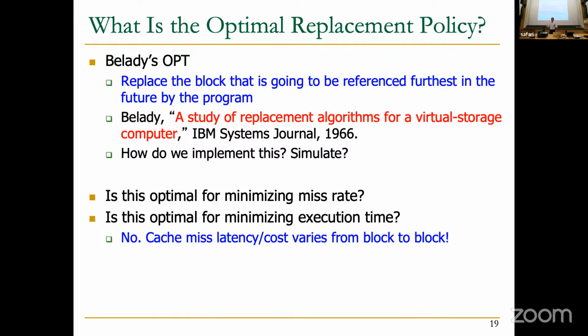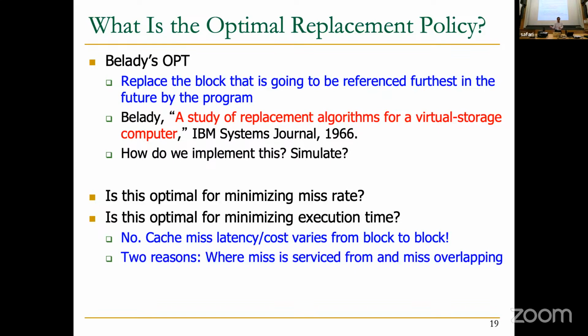If you need to wait for, let's say, seconds to fetch the block because it's coming from some remote memory for whatever reason, then it's a much more costly cache miss. And if your replacement policy does not take this into account, it may evict the block that's costly to refetch. And as a result, it may actually destroy your execution time.